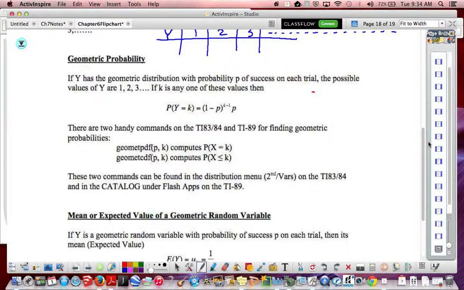If you think about how a geometric distribution works, we look at how this is set up. K is where you want your first success. Remember that 1 minus P is the probability of failure, and P is the probability of success.